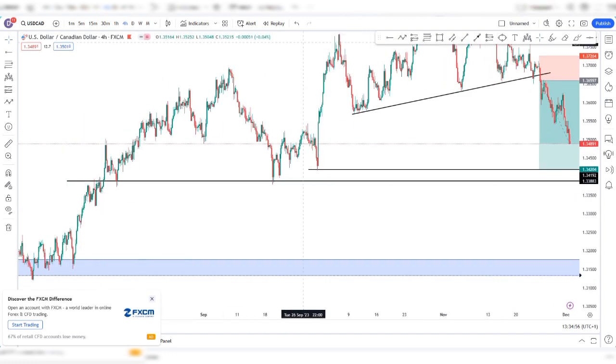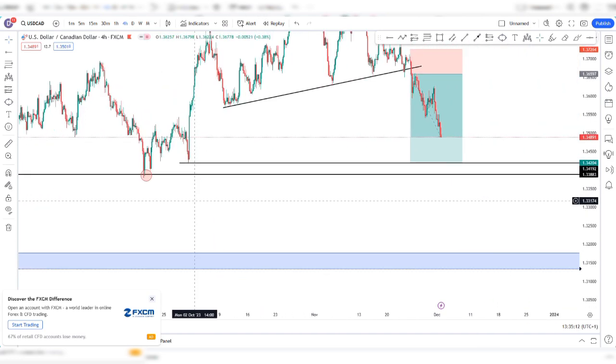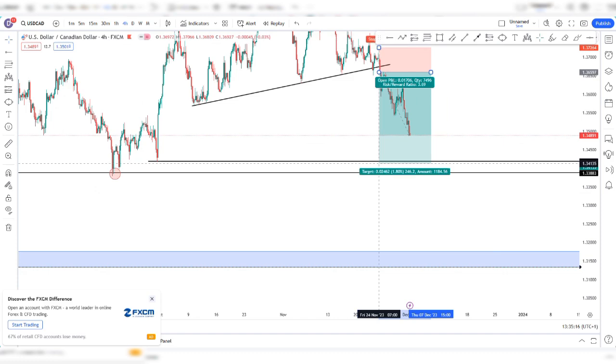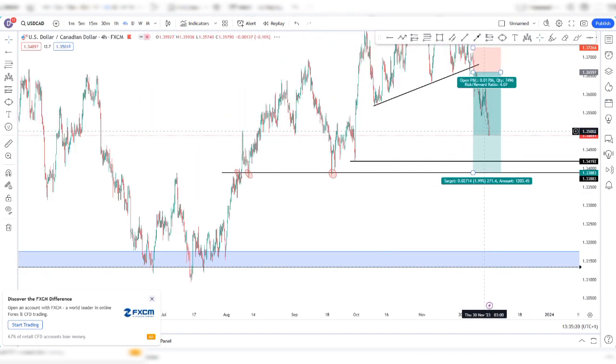Yeah, so as we can see, price reactions over here. Breakthrough, come back to retest that level. And then again, testing this area here. Right. So price could break through. I will take my take profit here, but I reckon price could extend all the way down to this point here. So just in case.